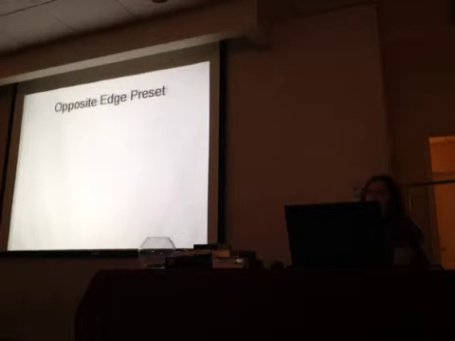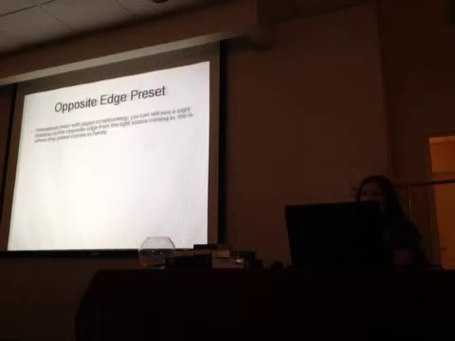And this one's called the opposite edge preset. Sometimes even with paper scrapbooking, you can still see a slight shadow on the opposite edge from the light source coming in. When I use this, I do not like my corners to be flat. If there's a corner showing, I almost always add this opposite edge preset.